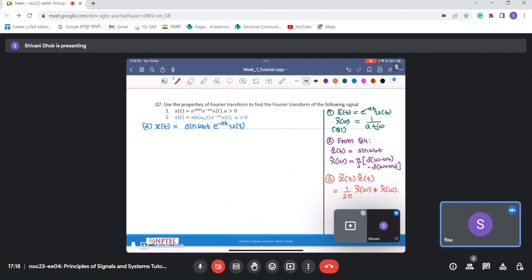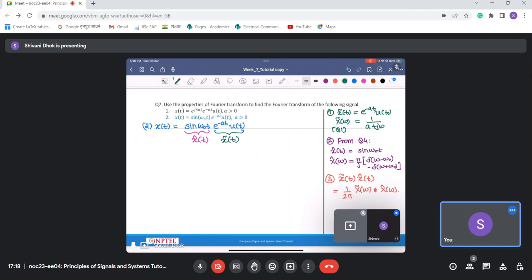So using these three, we'll try to find the Fourier transform of this signal, x of t equal to sine omega naught t times e power minus a t u of t, where the sine omega naught t is simply x hat of t, and the other factor is x tilde of t.